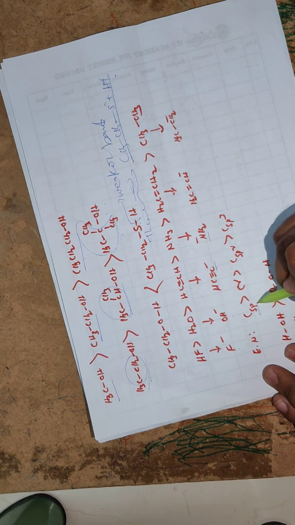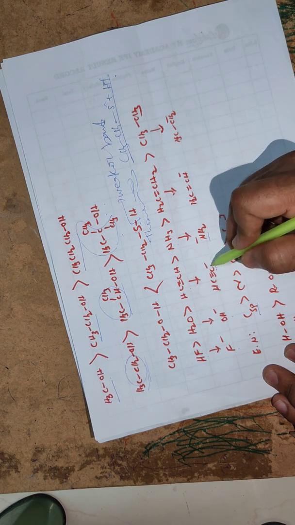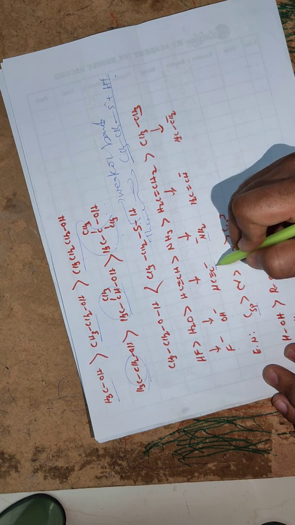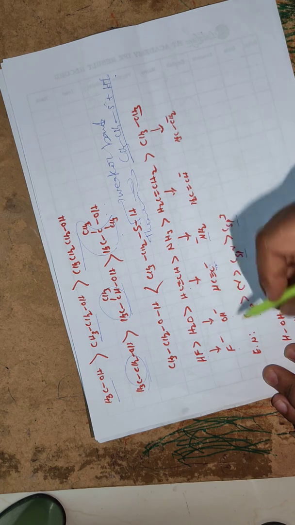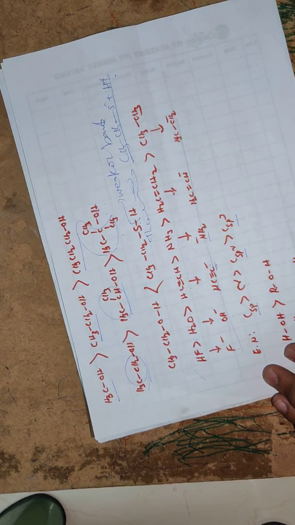An sp carbon is more electronegative because with increasing percentage of s character, electronegativity increases. So the more electronegative atom can bear the negative charge. That means negative charge is more stable on the more electronegative atom. And next nitrogen and sp2 carbon, sp3 carbon. So based on this conjugate base stability, we wrote this acidic nature order.